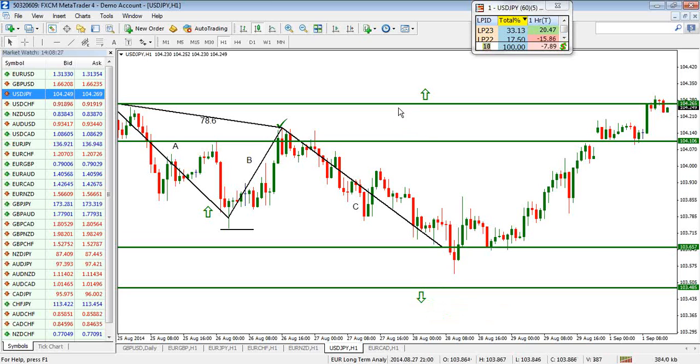If you look at this like a hamburger, here's the top part of the bun, here's the bottom part of the bun, and then you see the pickles and tomatoes right in the middle, my green and red candlesticks in here. So I'm not looking for this to break into a new high to reach my profit-taking levels or break into a new low. That's where my stop is. I'm just looking to trade the meat of the movement in the middle, the meat part of the movement in the middle part.